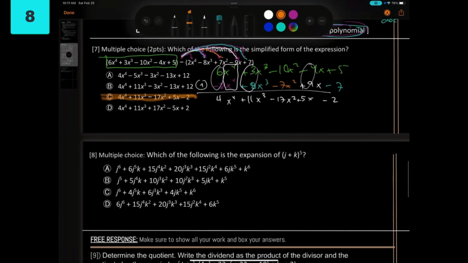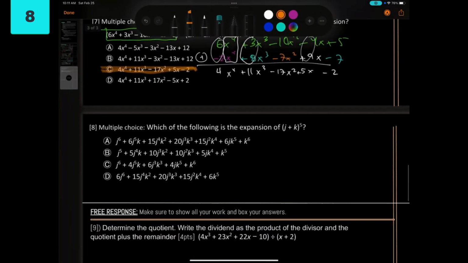Okay. Number 8. Which of the following is the expansion of j plus k to the 5th power? I don't have a binomial chart in front of me, so I can just recreate it. And then we're going to the nth power, that is 5. So that would be this row.